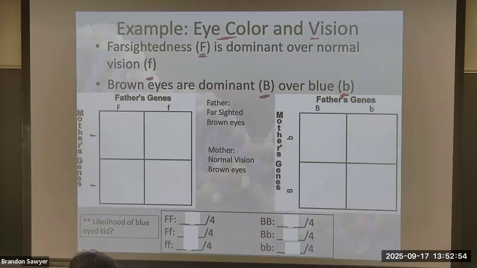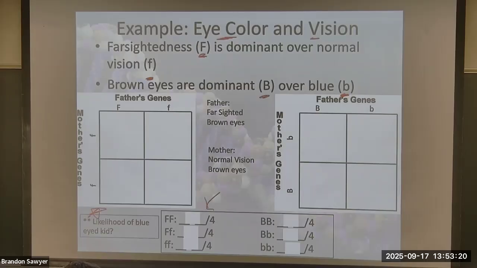Okay, and so what we can do here is, first of all, calculate the probability of each trait. You can go ahead and do that with each of these. I want you to send this one in on your clickers here. What's the likelihood of having an offspring with blue eyes in this case? Then I want you to put the numbers down here of each genotype.